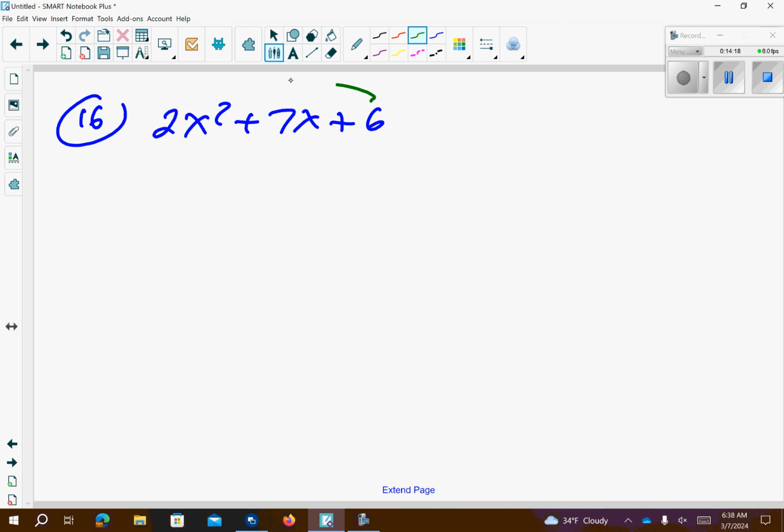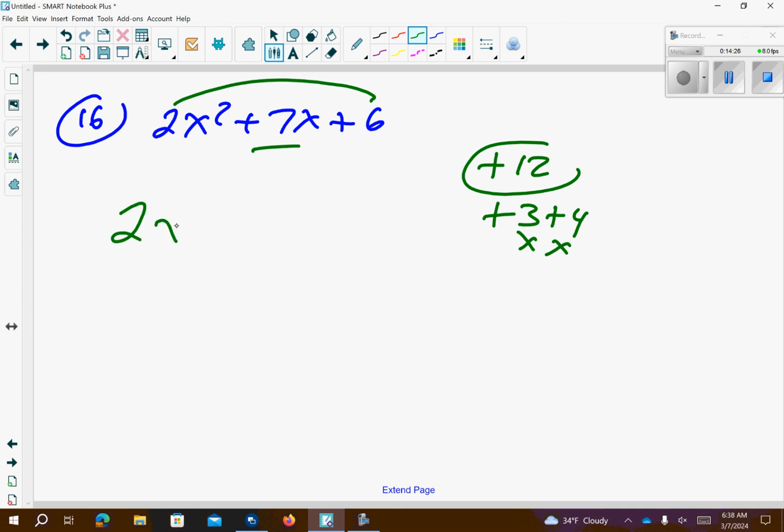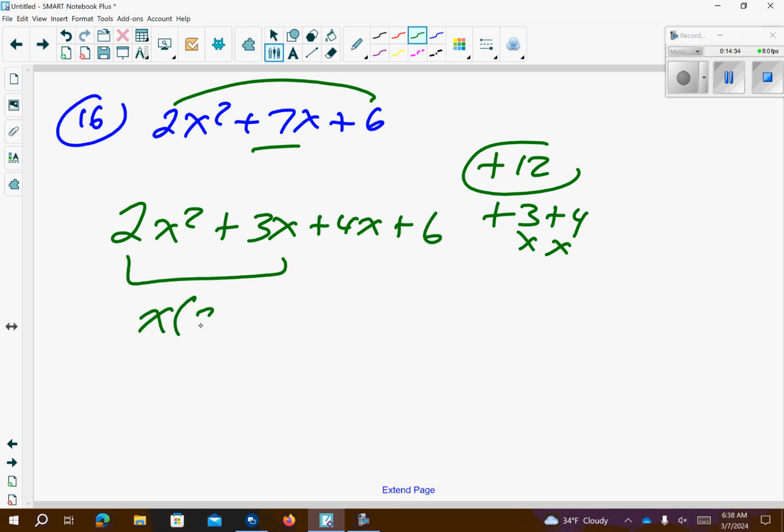Number 16, let's multiply those together. I get positive 12. So positive 3 and positive 4 are going to go in the middle. Factor an x out of those. Bring a positive down, factor 2 out.